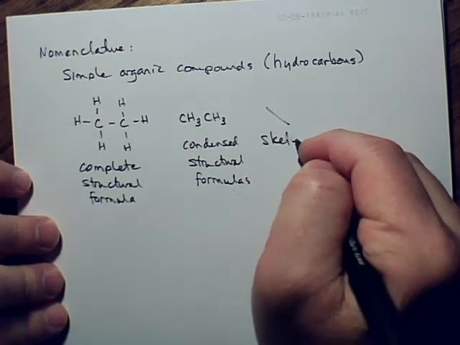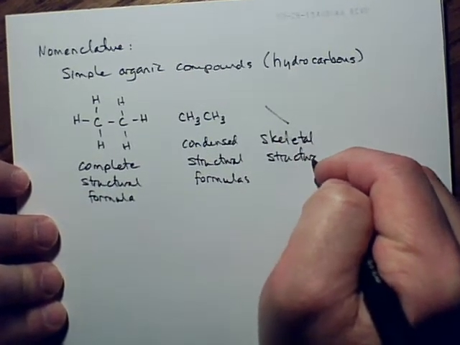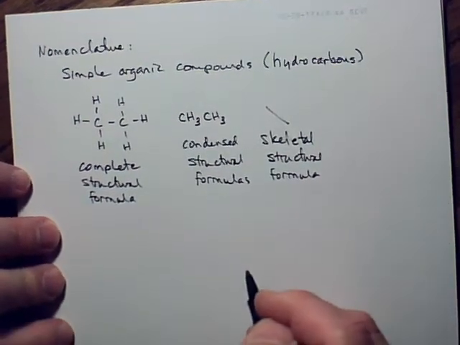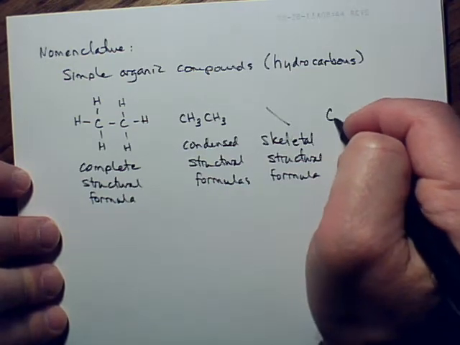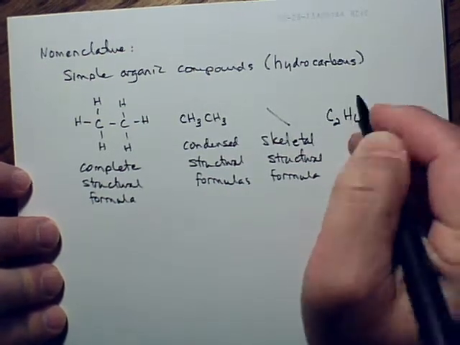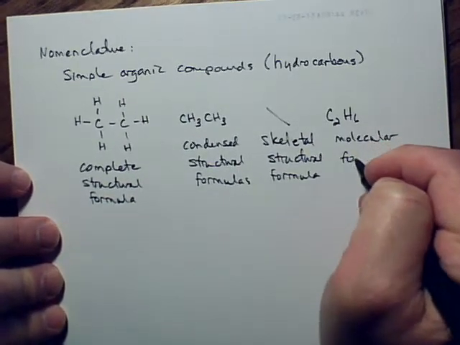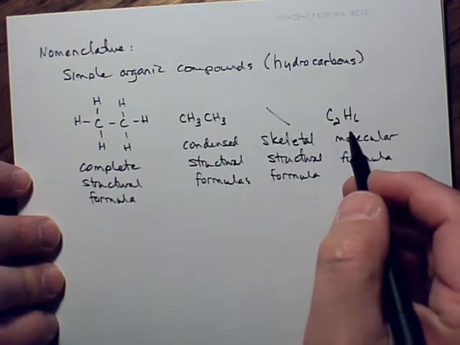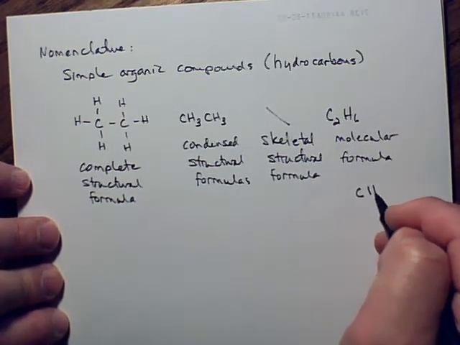Okay. We learned to write molecular formulas, which in this case would be C2H6. And we learned to write empirical formulas, which included things like CH3.